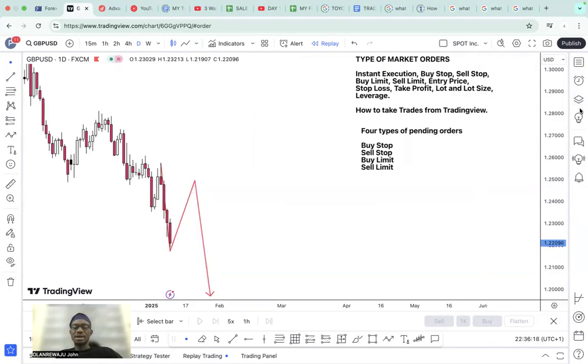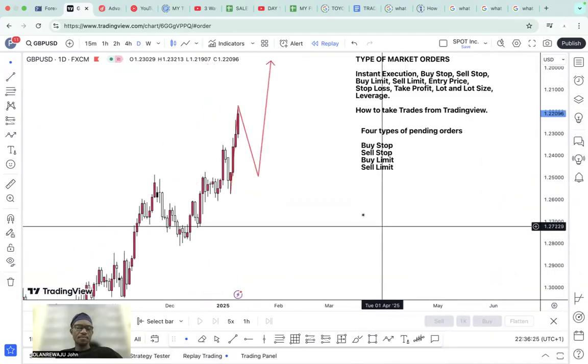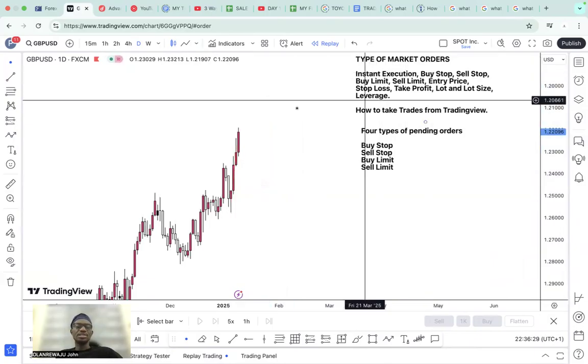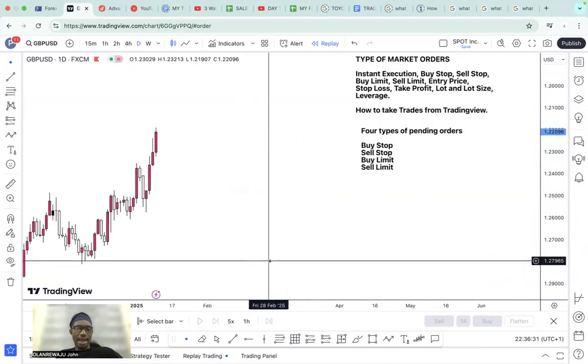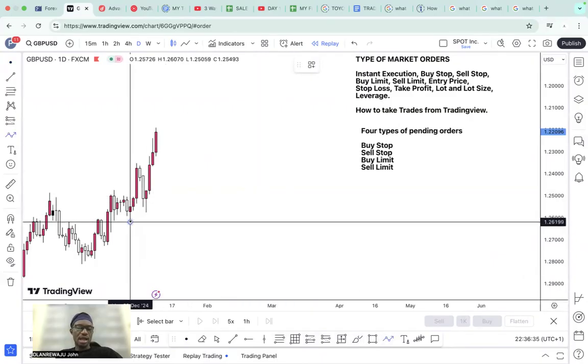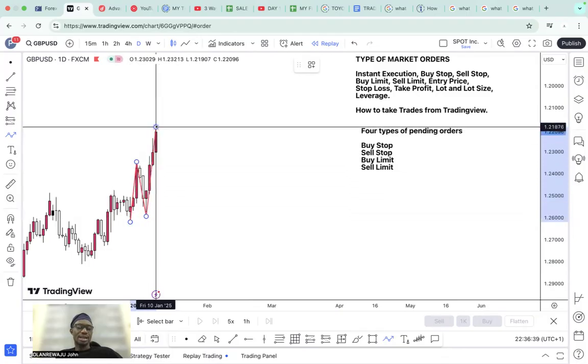And let's assume that the market was in a buy position. I can invert this scale. Great. So can you also now see that, supposing this is a buying market, the market has created higher low, higher high, higher low. That's going to create a higher high.